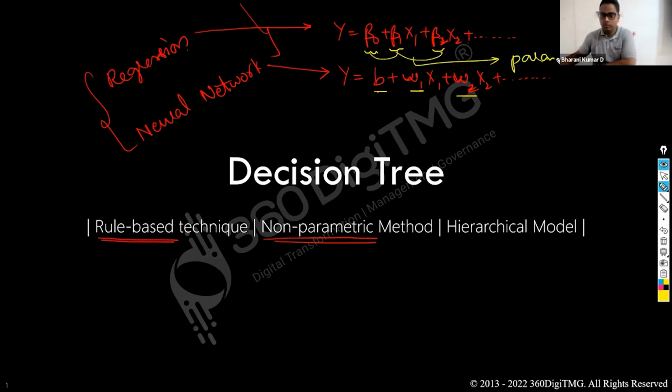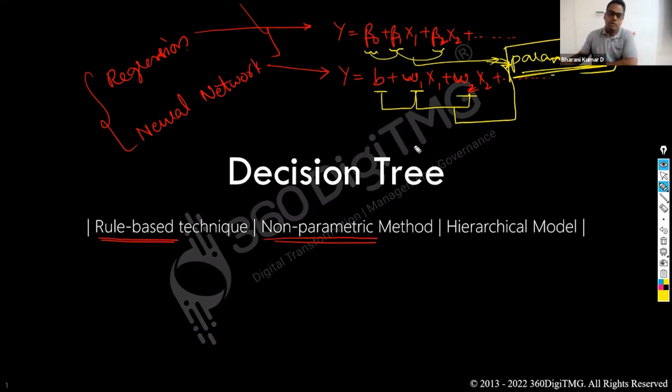Parameters. All of these are also called parameters. These are not hyperparameters. These are called parameters. All of these, including beta naught, including B, everything is called a parameter.